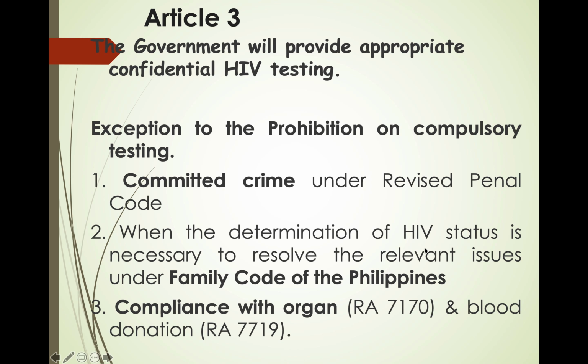Also when the determination of HIV status is necessary to resolve the relevant issue under the Family Code of the Philippines, and also compliance with the organ and blood donation laws, your RA 7170 or the organ donation law, and your RA 7719. Okay, so please remember these laws. Under RA 7719 and RA 7170, we can have your HIV testing with or without their permission.